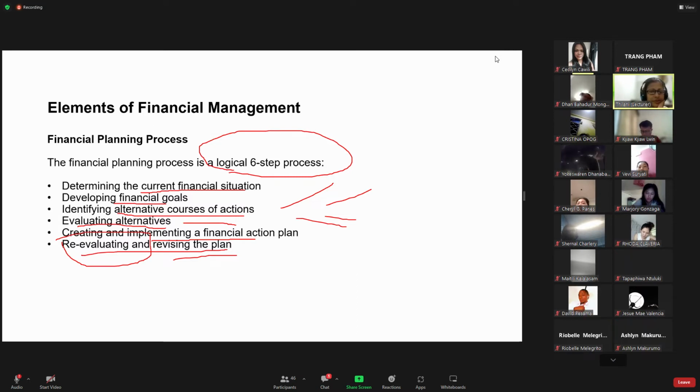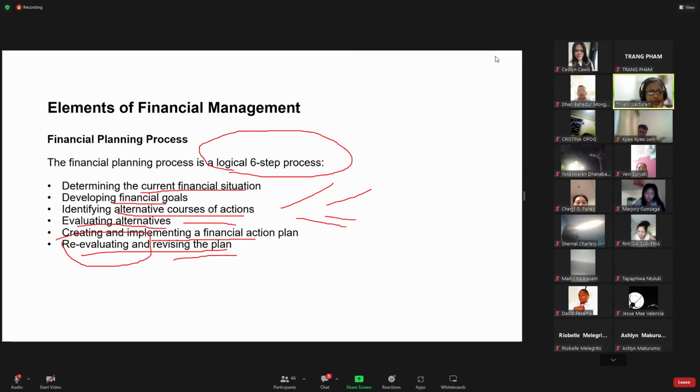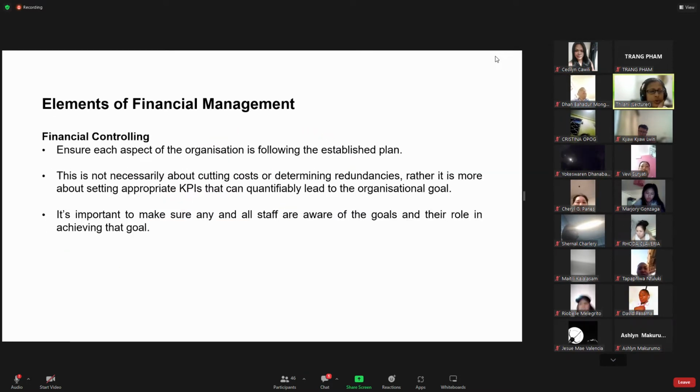Yes, thank you. So let's look at what we discussed in terms of the financial planning process. Under this, we also need to talk about financial controlling. Whatever we do in terms of our funds, we need to have proper controlling. You need to establish certain measurements or KPIs and measure your progress against them.